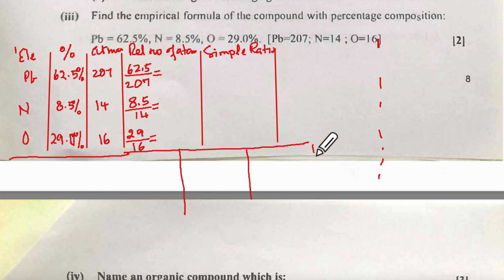So 207 and here 62.5. Can I make it 625 and make 1 0 here? So 0 point, and I'll take 1 0 here. 2076000. 7 3 is 21.